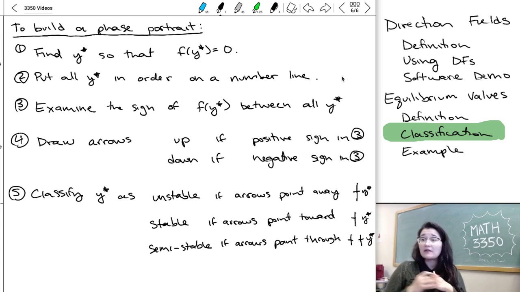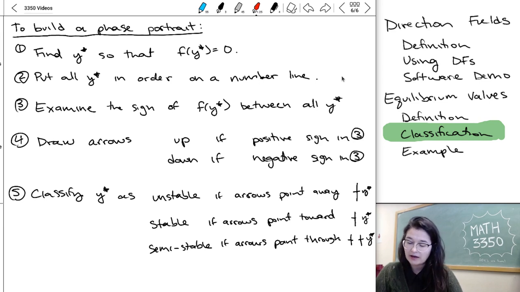Just imagine that those are parts of a number line where I've indicated y star somewhere on it. I will switch back to the red, which is the color for arrows now. So away is going to look like this: arrows pointing up above, and down below.